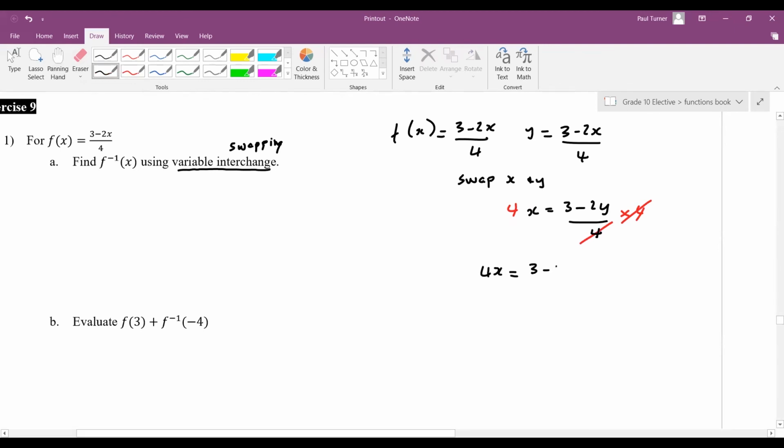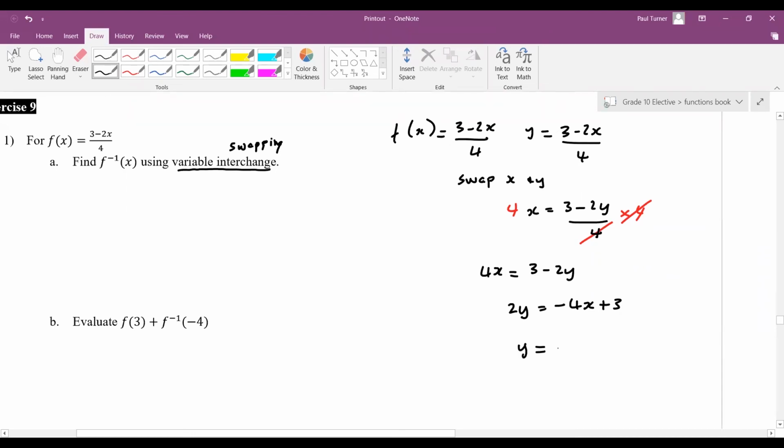equals 3 minus 2y. So we need to isolate the y by itself now. So what I would do, I'd bring my minus 2y over and make that 2y equals minus 4x plus 3. You may get a slightly different answer depending on where you move your terms, but they'll both be correct.